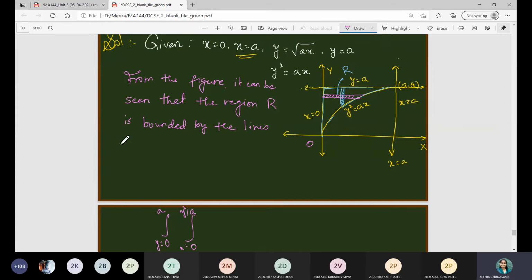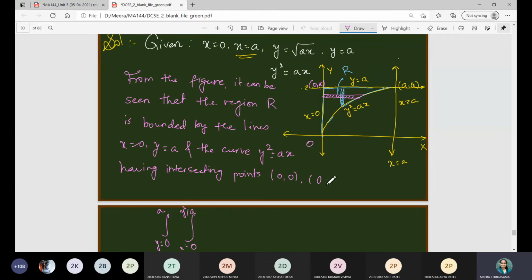So which line? It is x is equal to 0, y is equal to a, and the curve y square is equal to ax, having intersecting points. तो कौन से intersecting points है? एक तो 0, 0. This point will be 0, a, and this is a, a.